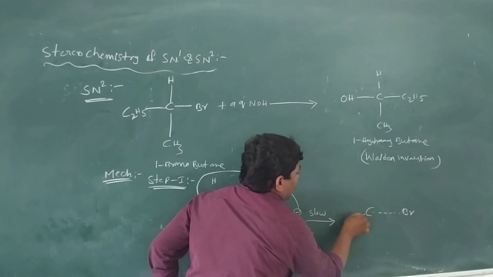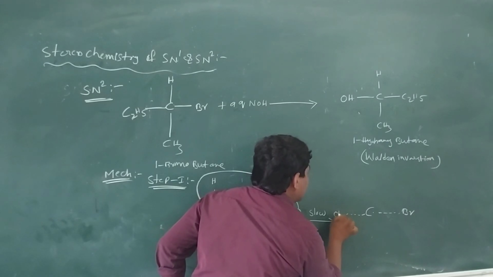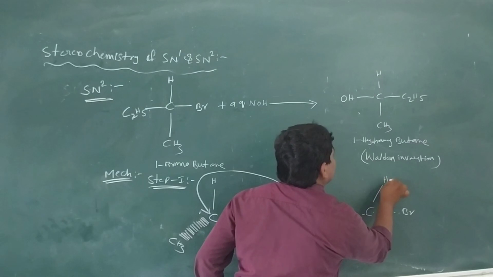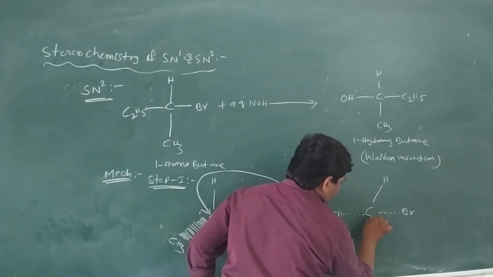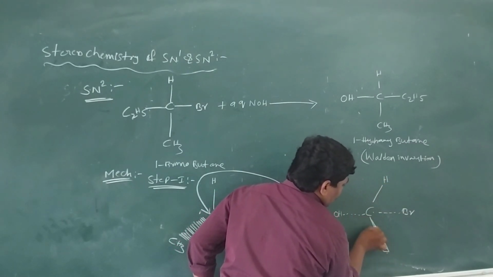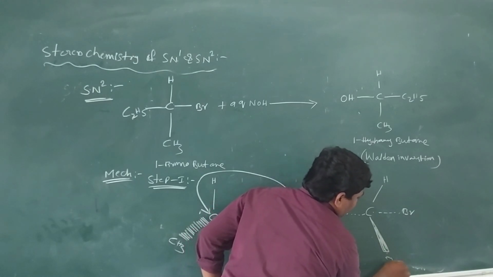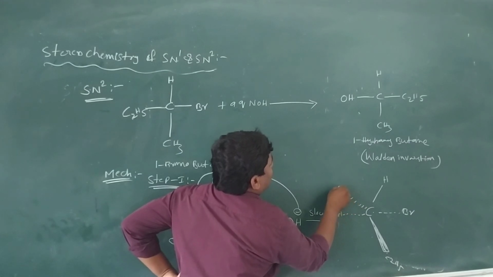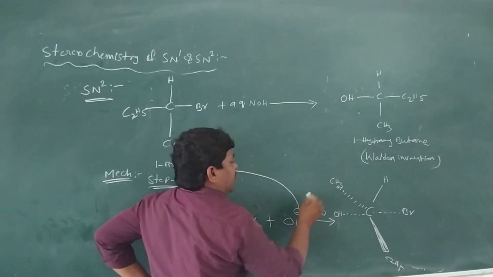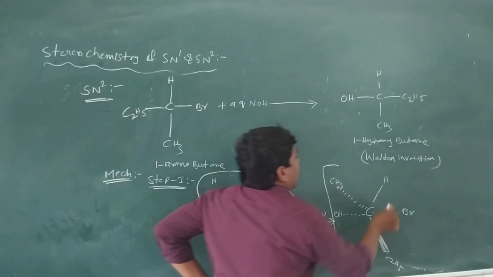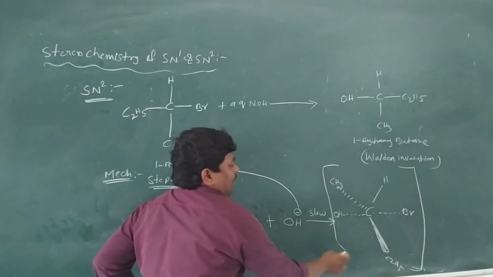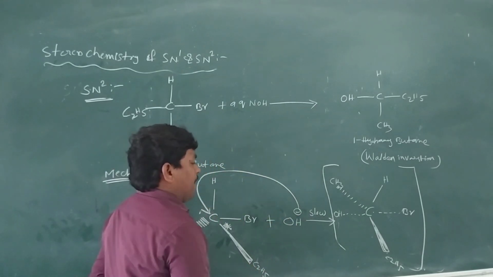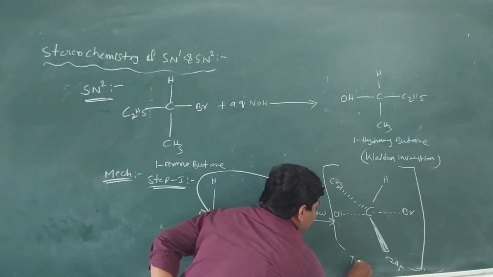Here OH, H, C2H5, dotted line, CH3. So this is the intermediate, the transition state.